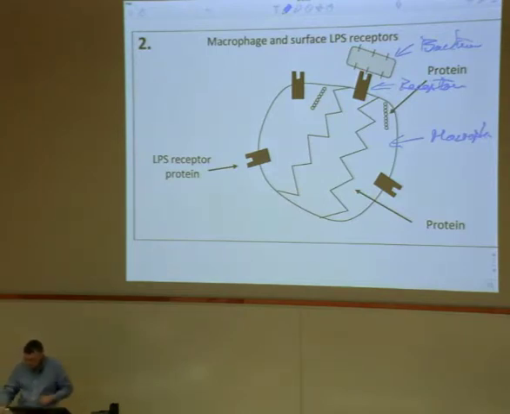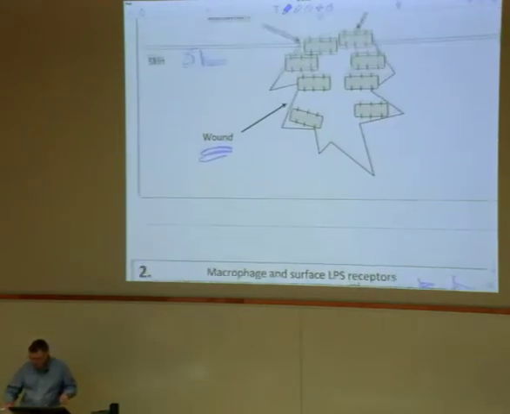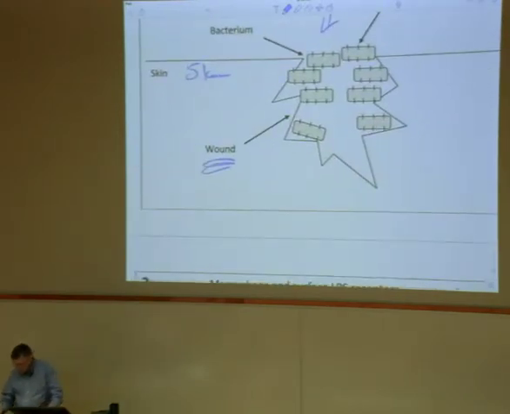Okay, so here's a macrophage. So you want to get macrophages there to attack it. And part of the immune response is that damaged cells, so here's a damaged cell, they release cytokines.